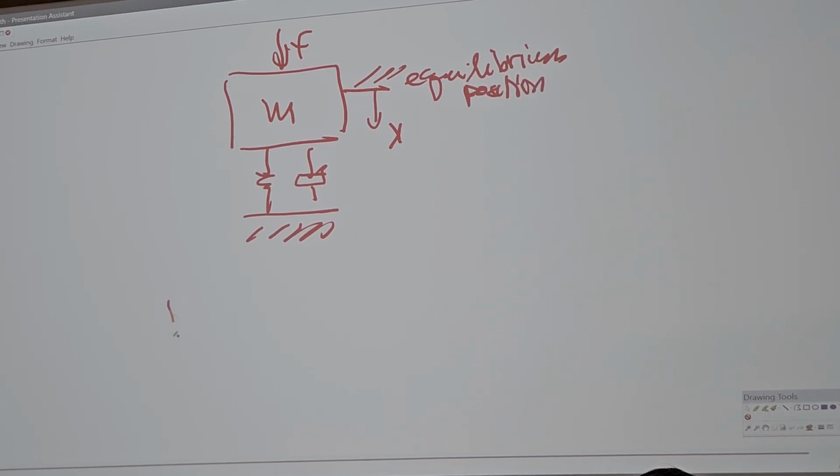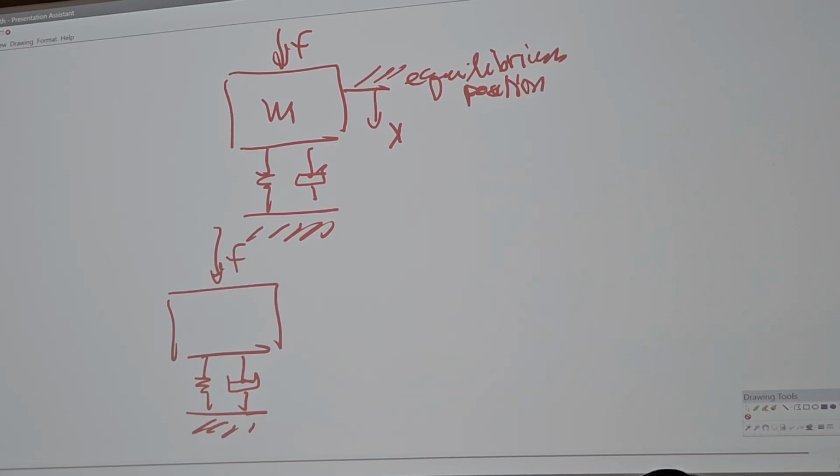So in this case, we have K, C, M, X here.